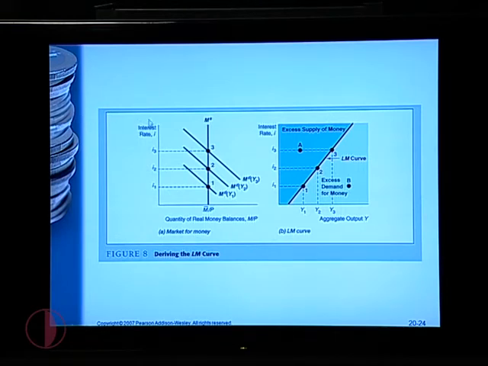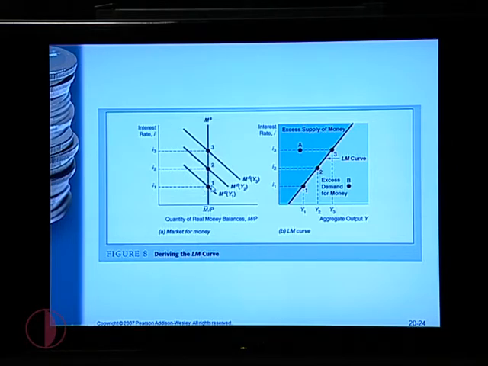Look at it. This is interest rate, while this is money demand from 1, 2, and 3, where the money supply is fixed. Quantity of real money balances here, while this is interest rate. This is the market for money, and this is the LM curve. At a certain level of interest rate, this is point 1, point 2, and point 3.